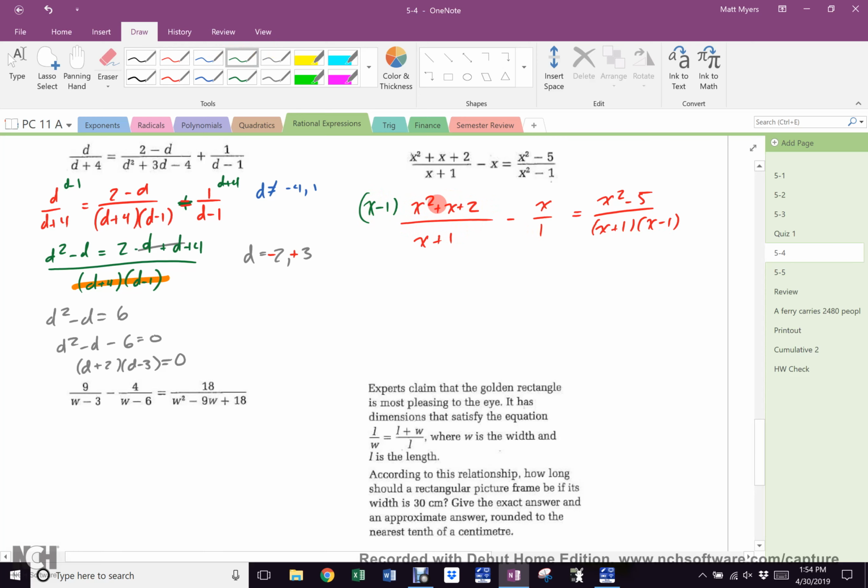Now that is a big ol' polynomial expansion, yes? x cubed plus x squared minus x squared, x cubed plus x minus 2. When I expand this all out, I trust you to be able to do that.